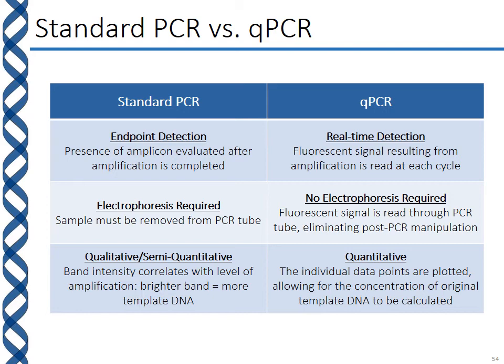Whereas with qPCR, the Q means quantitative, and so when you plot the individual data points in terms of fluorescence, that allows the concentration of the original template DNA to be calculated, and we'll take a look at that in just a bit here.